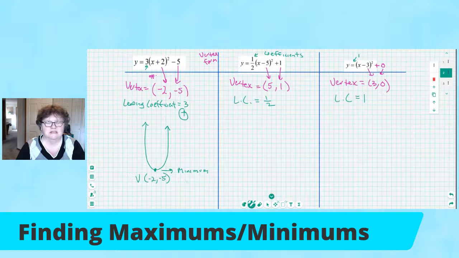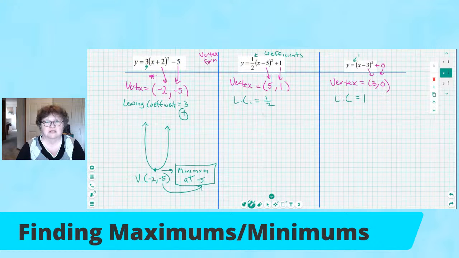Well, the minimum is at the y value here, so it's a minimum at -5. So here's what I did. I got the vertex off the equation. Then I looked at the leading coefficient to see if it's plus or minus, so I would know if the parabola opens up or down. If it opens up, it's a minimum.